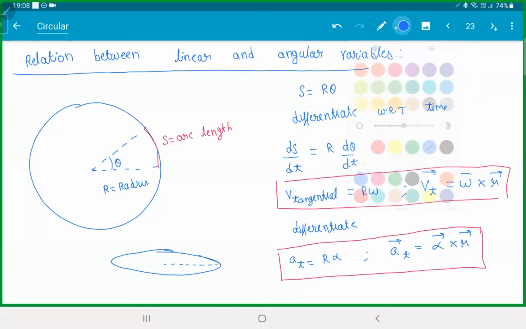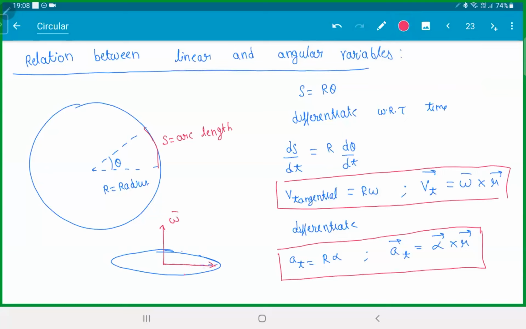If this was your velocity and this is your omega bar, this is your R bar, this is your velocity bar. So omega cross R will give you the tangential velocity. Right hand rule. Check it out.